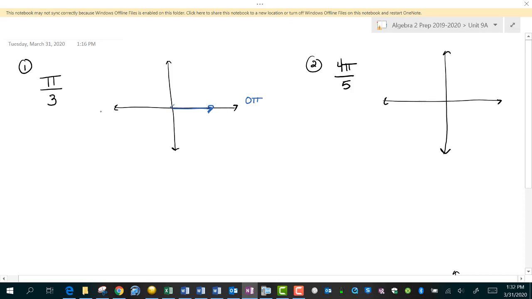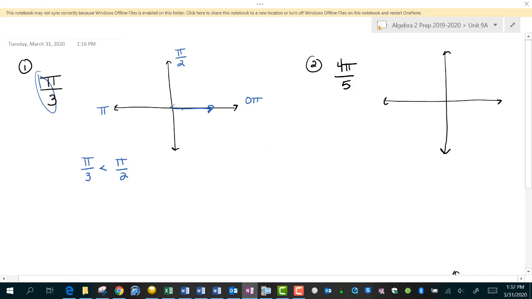Then if 180 degrees is equal to pi, that means that 90 degrees would be equal to pi over 2, or half a pi. So if I wanted to graph pi over 3, you really want to focus on the fraction here. Pi over 3, or 1/3, is going to be less than pi over 2. So I know that it has to fall somewhere within quadrant 1.